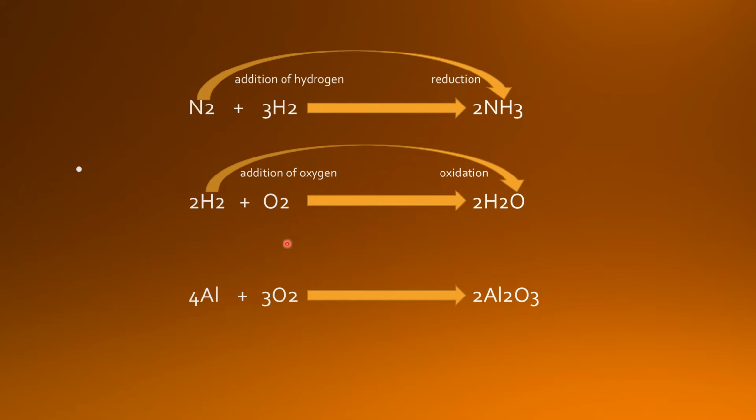And in the third example, when aluminium reacts with oxygen, aluminium oxide is formed. Here we can see simply the addition of oxygen to the aluminium, and by this addition, the product is aluminium oxide. As addition of oxygen is taking place, we say that the process of oxidation has taken place.